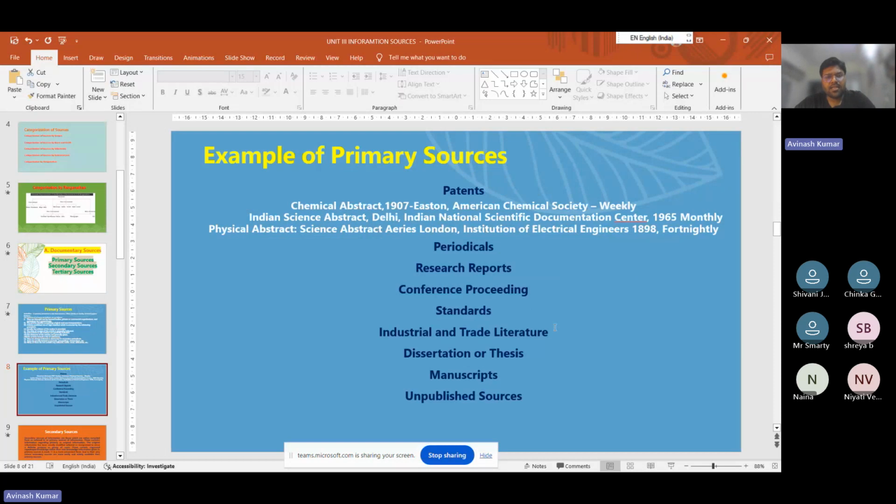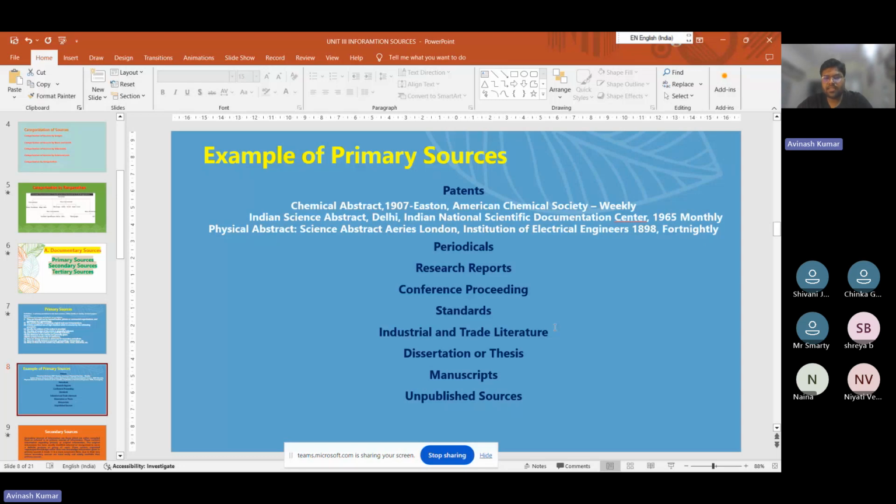Examples: Chemical Abstracts, 1907, American Chemical Society, published weekly.